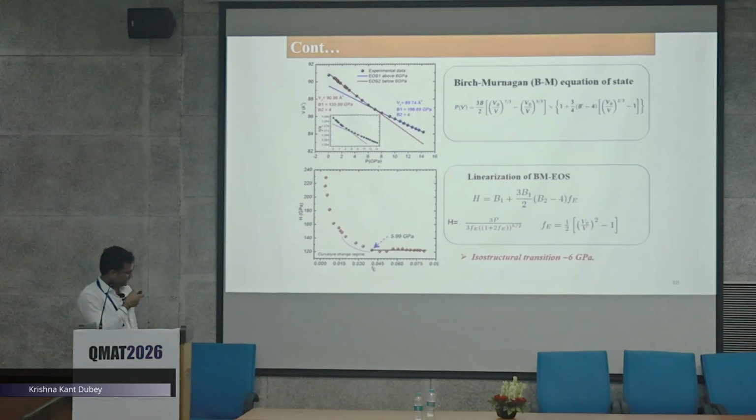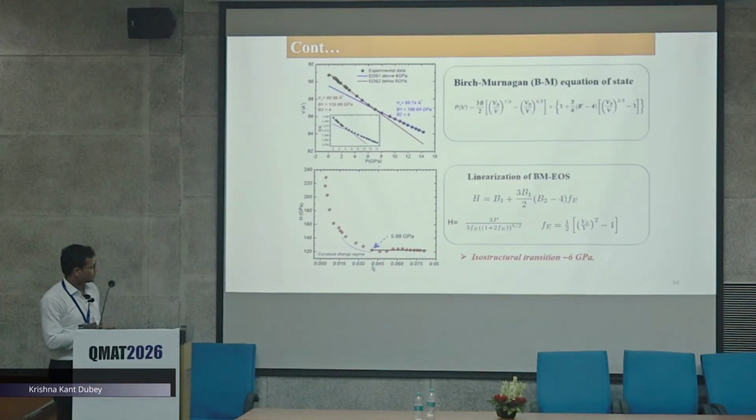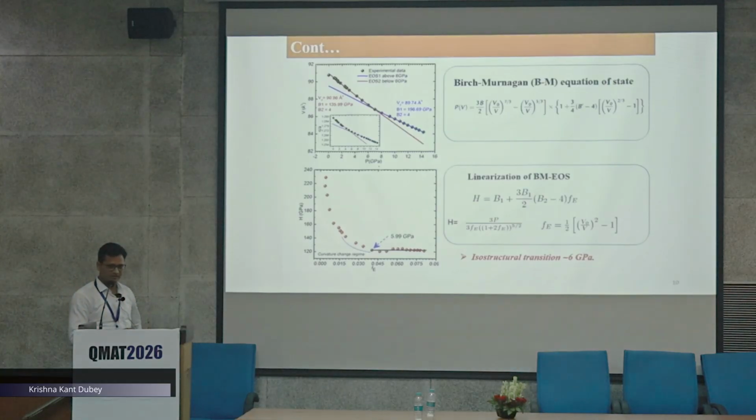So this also indicates the isostructural phase transition around 6 GPa. Further, to confirm this, we linearized this equation, and we found that after linearization there is a curve-like structure, meaning deviation starts from 6 GPa pressure. That confirms that it has an isostructural phase transition.